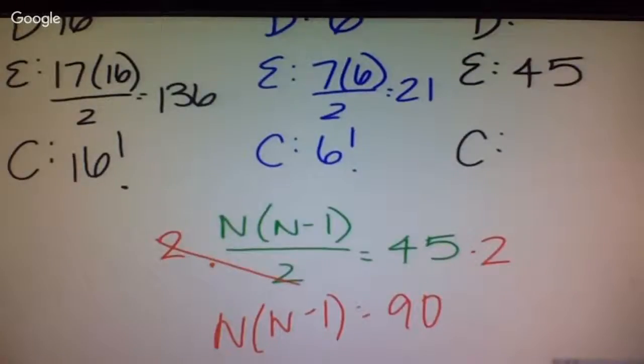My 2 numbers I multiply together are 1 space apart. What 2 numbers that are 1 space apart give me 90? 10 and 9. 10 times 9 gives me 90.